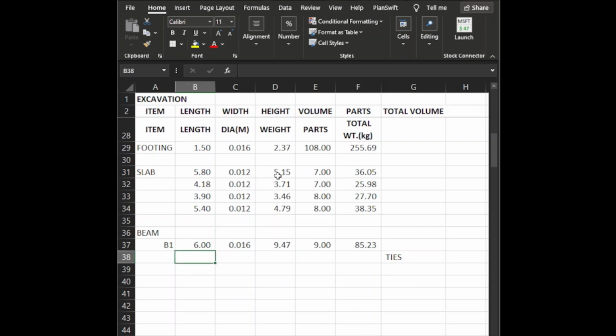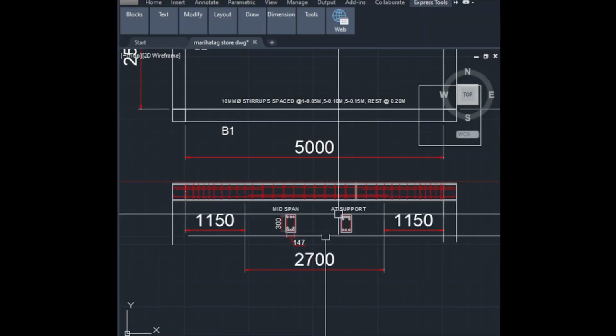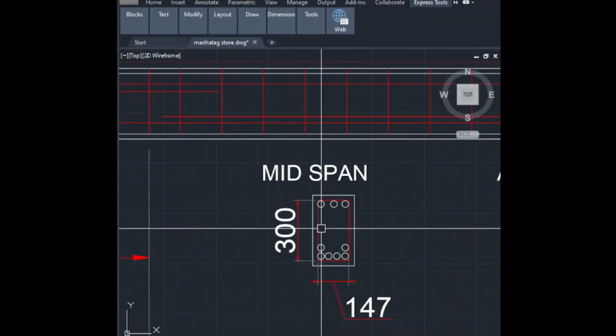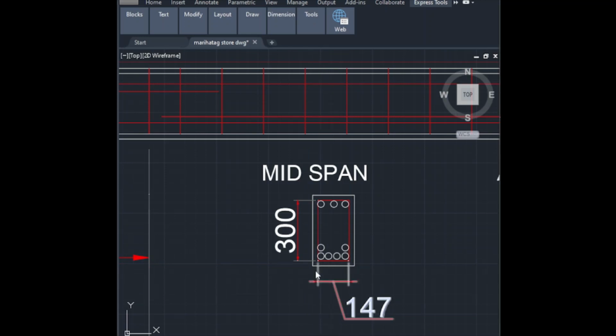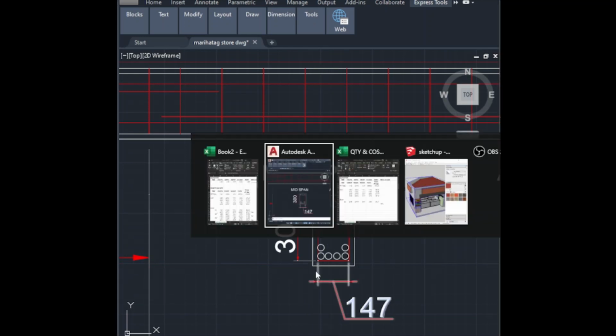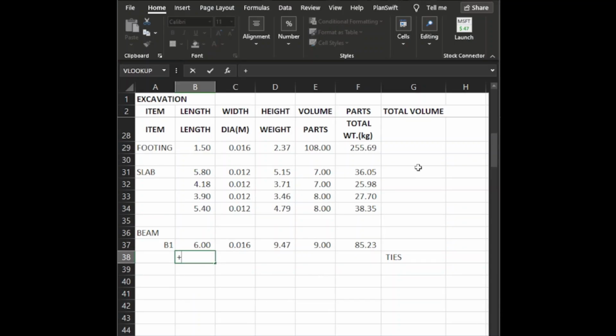Ties. We will refer to the drawing again. 0.3 times 2, then 0.147 plus 0.3 times 2 plus 0.147 times 2, then we will add 0.054.